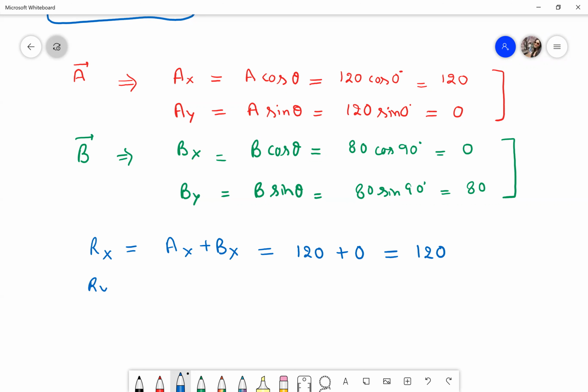And R of y, the y component of resultant, will be A of y plus B of y, that means 0 plus 80, equal to 80.